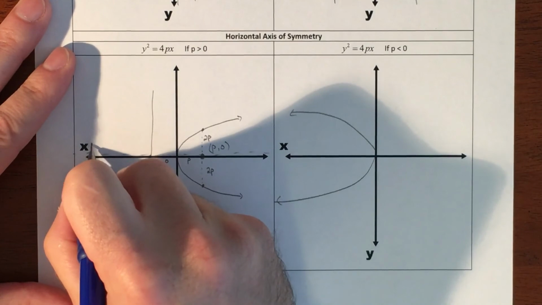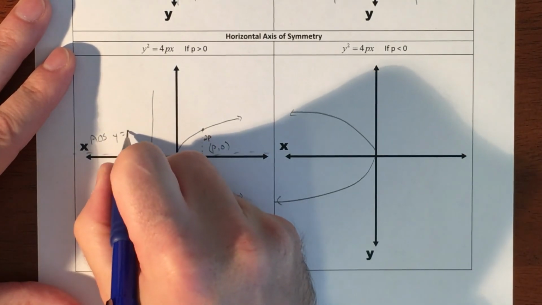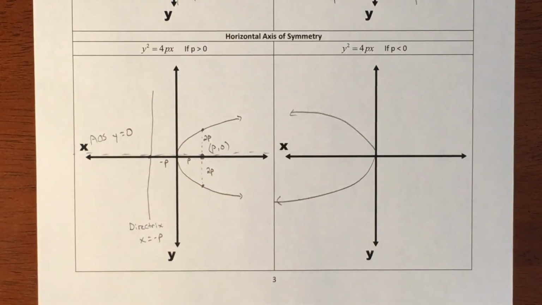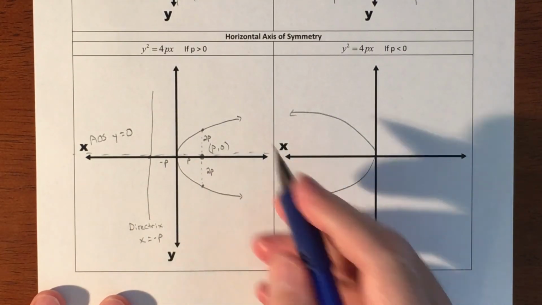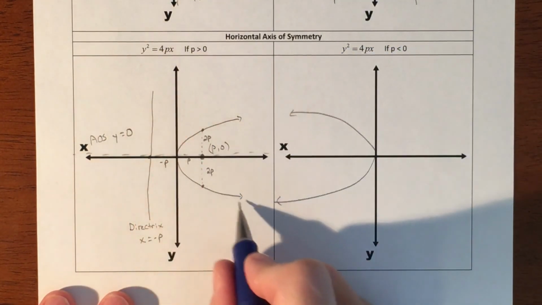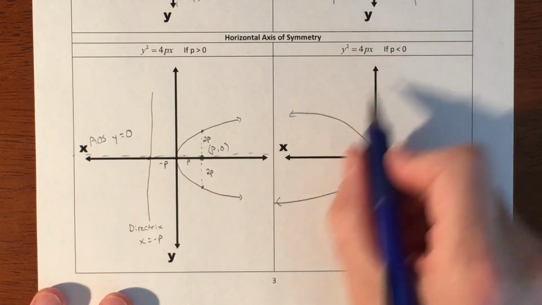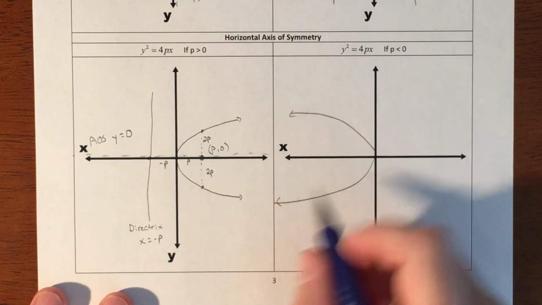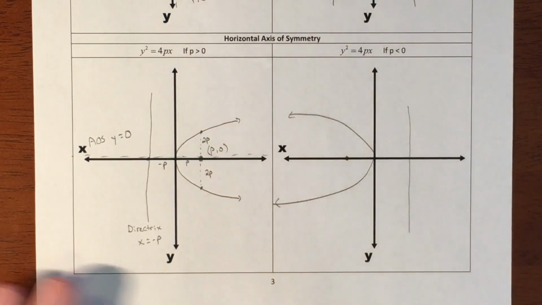So your axis of symmetry is now going to be a y equals, because it's horizontal. So I don't have to memorize all of this. The biggest thing is I just have to know the direction that these things are going. So if this is a y squared and the p-value is positive, it's opening to the right, the positive direction, as opposed to the p-value being negative, then it's opening in the negative direction. And your focal point would be here, and your directrix would be here.